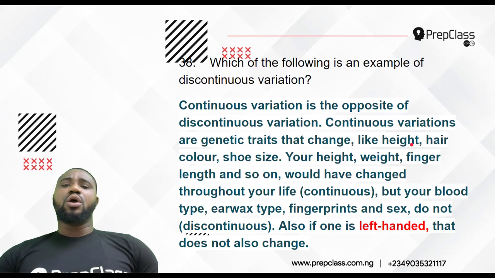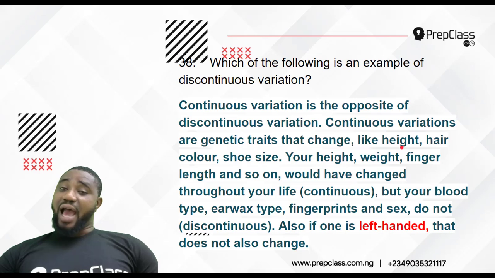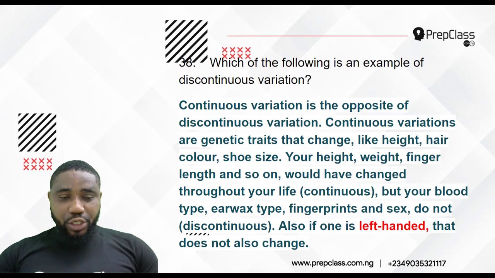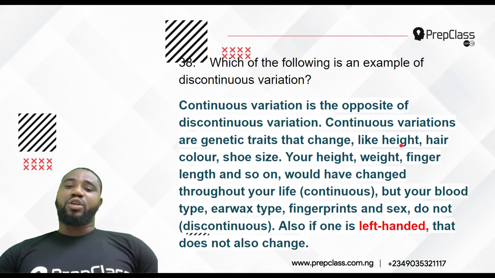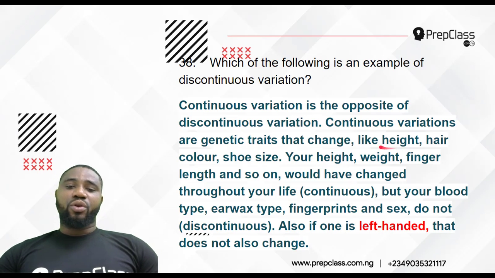I'm sure you've seen many old men that are bent. So as a human being grows, when you are young, you are tall. By the time you are old, you bend, you shrink, or you look smaller. If you are fat when you are young, by the time you are old, you may look slimmer. So that is why height is a continuous variation.